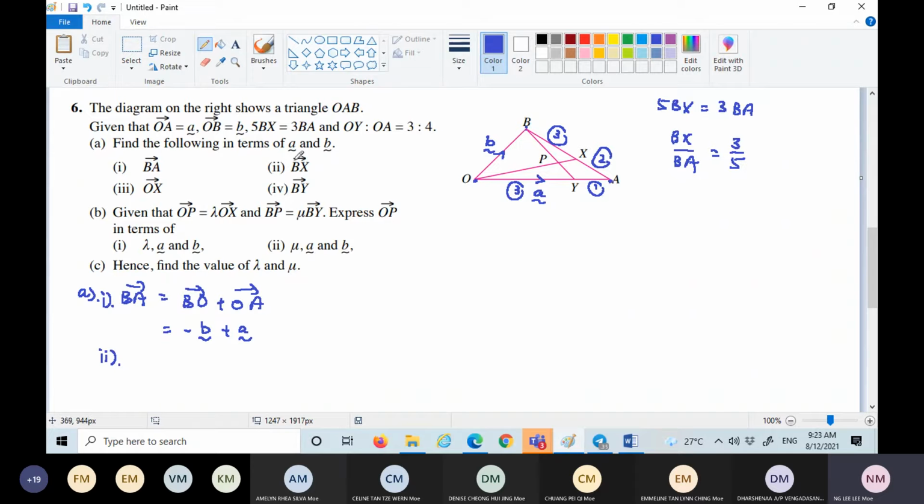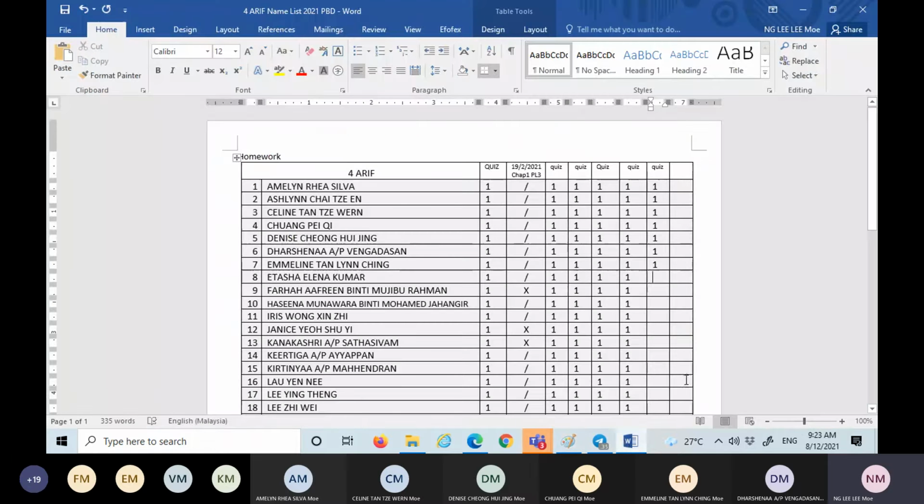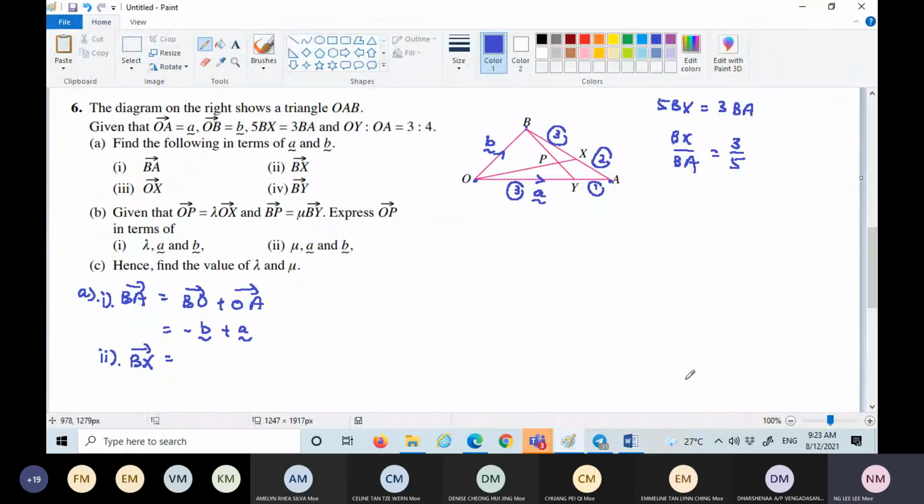Now we go to part 2, BX. Next, can you please tell me how to go from B to X? Farha.